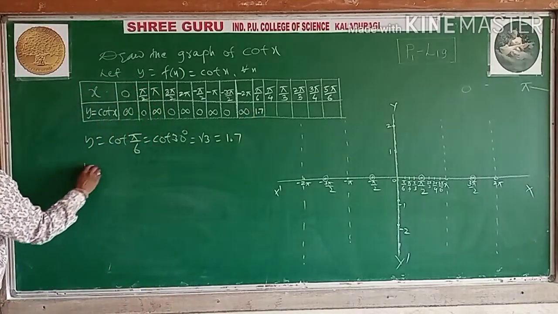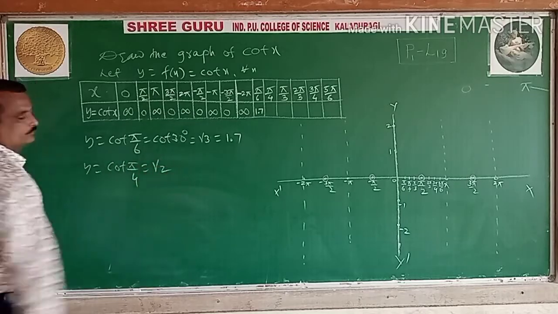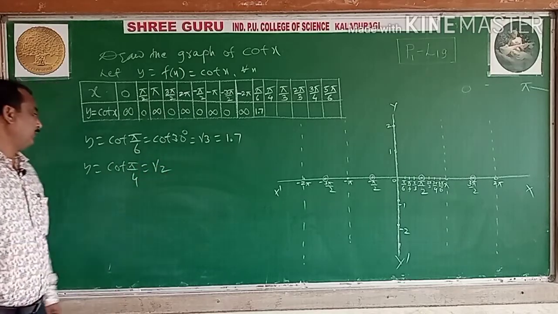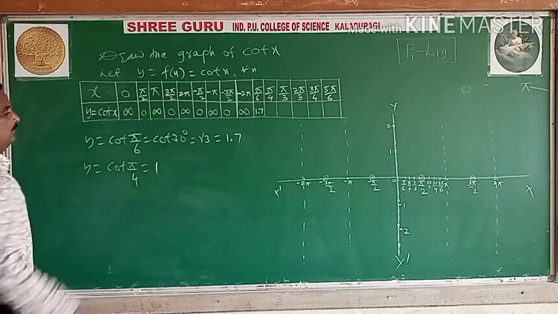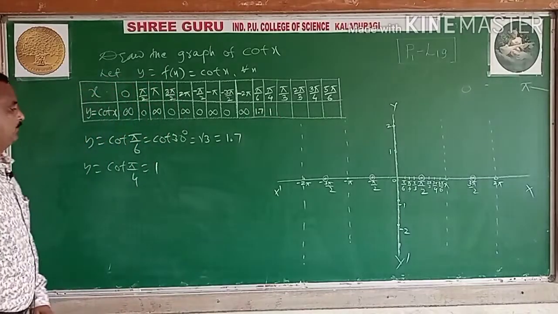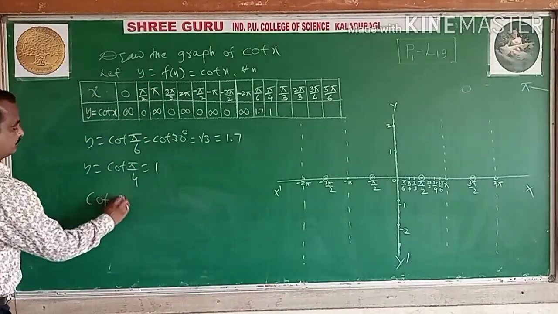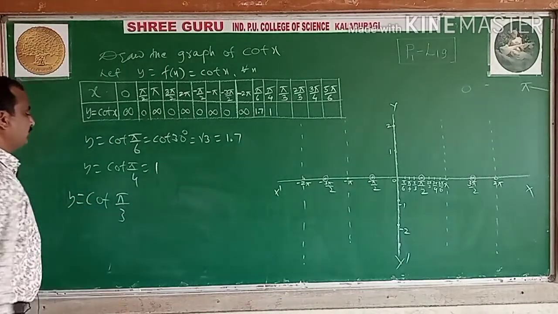Cot 45 degree, pi by 4. Cot 45 degree is 1. Next, cot of pi by 3, cot 60 degree.